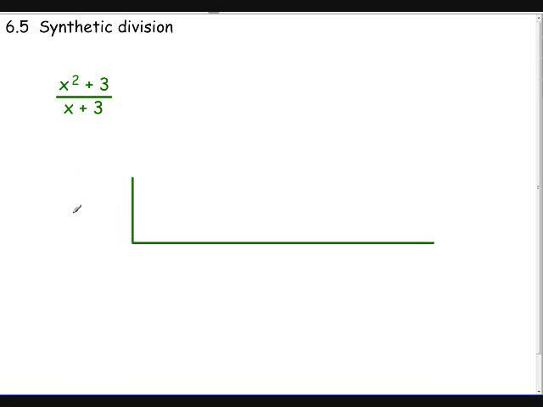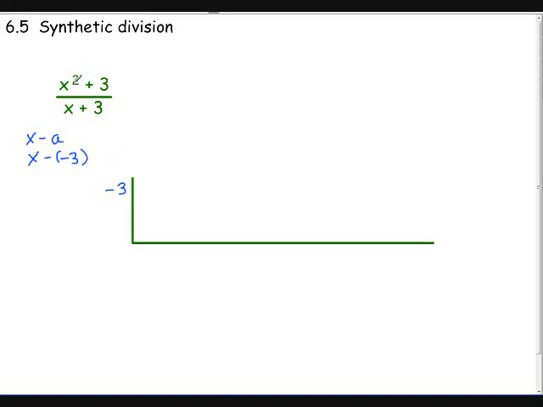Now, this one, well, let's look at the divisor first, because we know what to do with that. We want it in that form, so it's going to be x minus, it's got to be a negative 3, doesn't it? So we're going to put a negative 3 there.